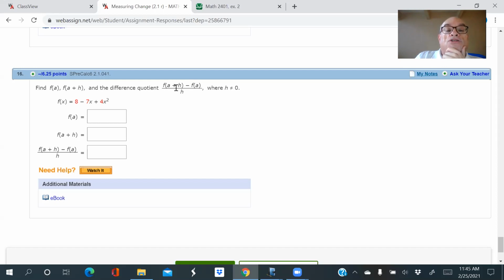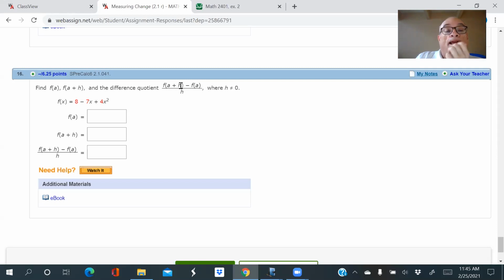This is the average rate of change from the input value A to the input value A plus some increment. So this would be a number a little bit bigger than A. They write it in this unusual way as A plus some little amount H. Well, it could be a big amount.